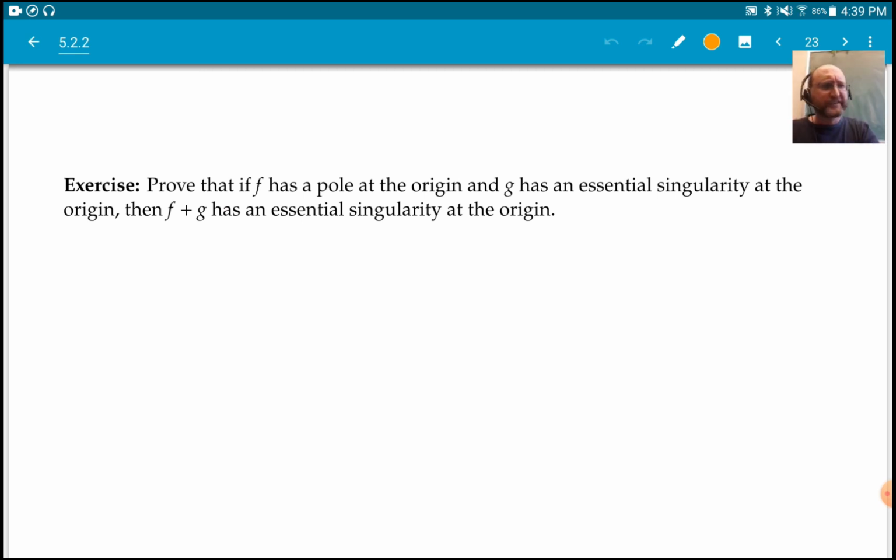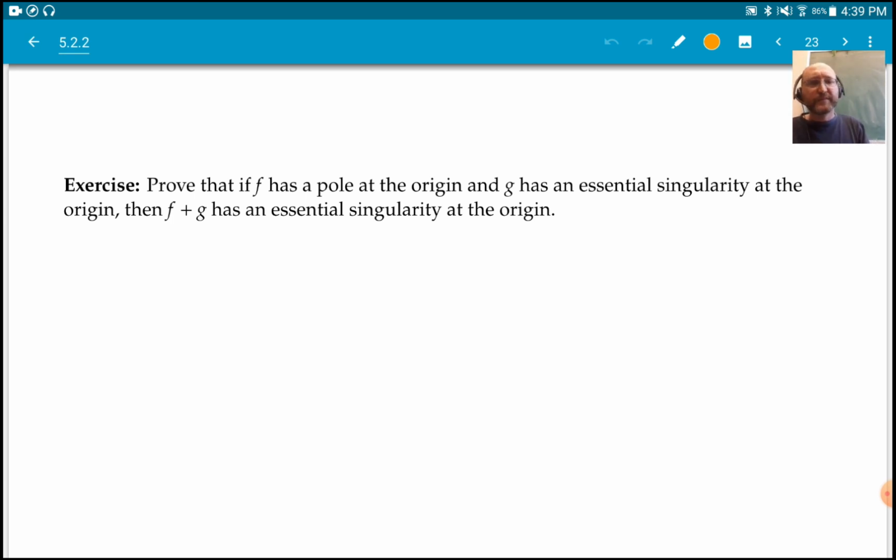So let's look at some useful exercises. The first exercise follows from the proposition that we just didn't prove, which was an exercise: if I take something with a pole and something with an essential singularity, the essential singularity wins out. It has to have an essential singularity. You cannot cancel out an essential singularity with a pole. Now, you can cancel out an essential singularity with an essential singularity, because you can just cancel the function.